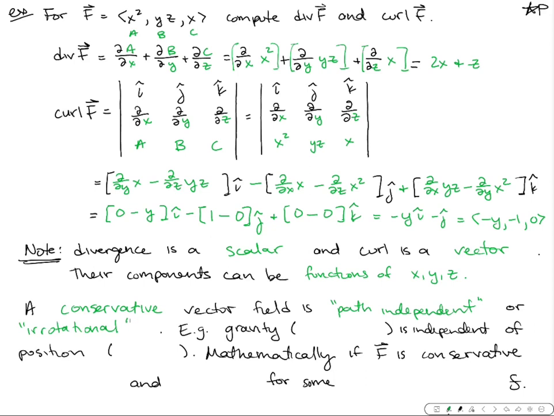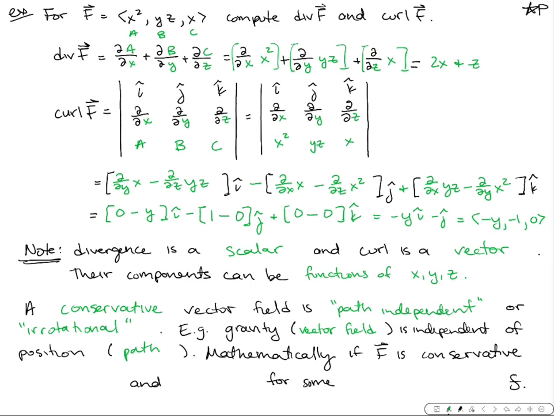But just so that you can build a physical intuition for what a conservative vector field is, I want to talk about gravity. So gravity is a vector field. It has magnitude and direction everywhere. The direction is pulling you down towards the ground, and the magnitude is whatever your gravitational constant is. And so that particular vector field is independent of position, or the path you take.